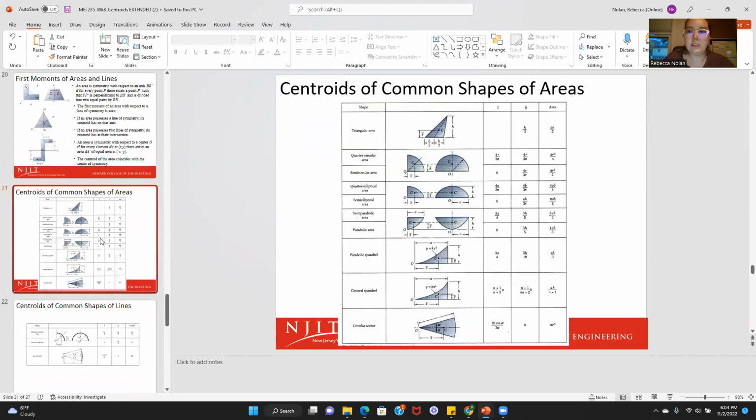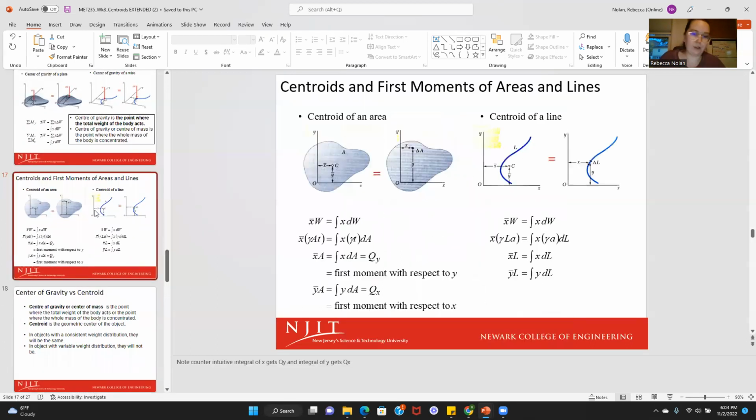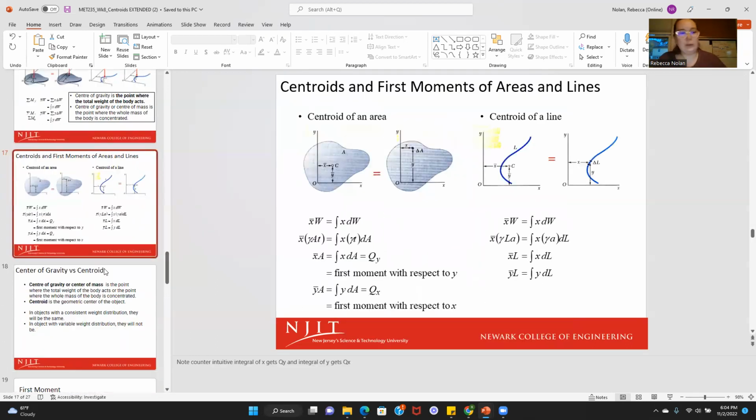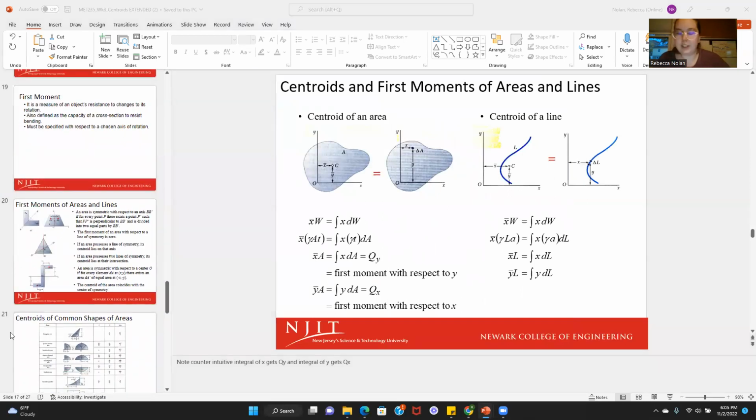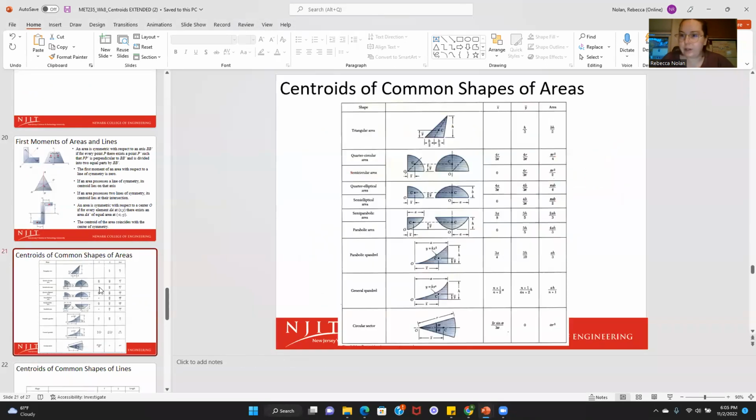So it's going to be resistance to bending around that axis or along that axis. Technically, your centroid does come from integration, but through years of work by mathematicians and scientists, we don't have to do that integration ourselves. We have a table that has some of the centroid locations for us.